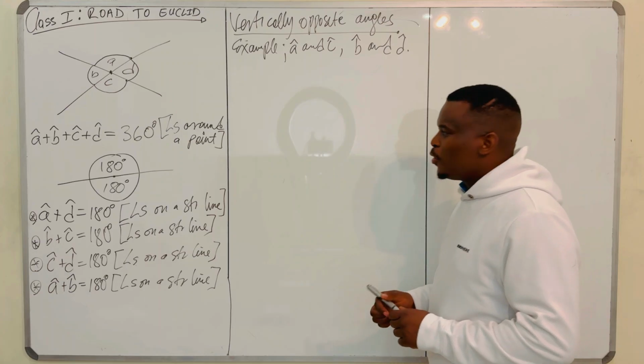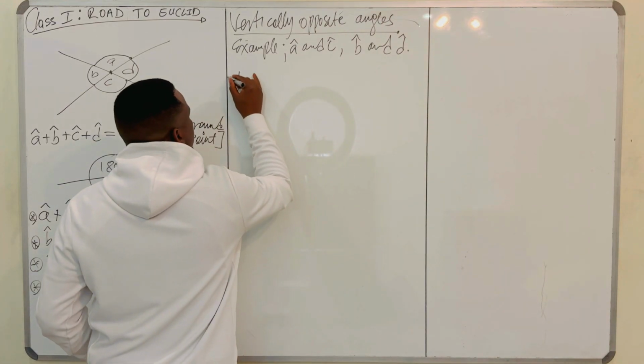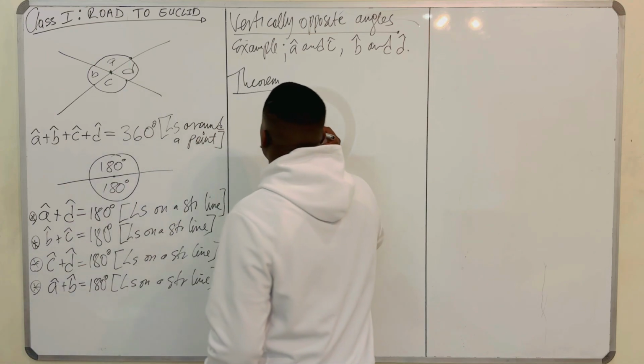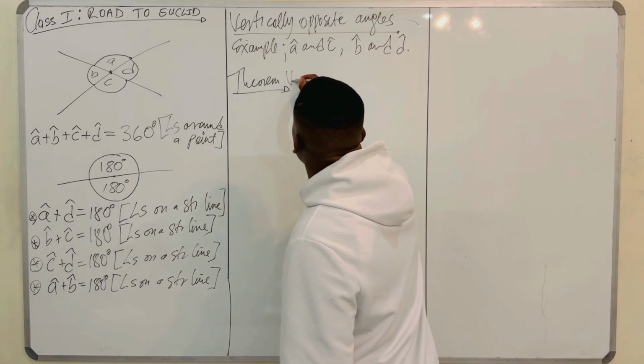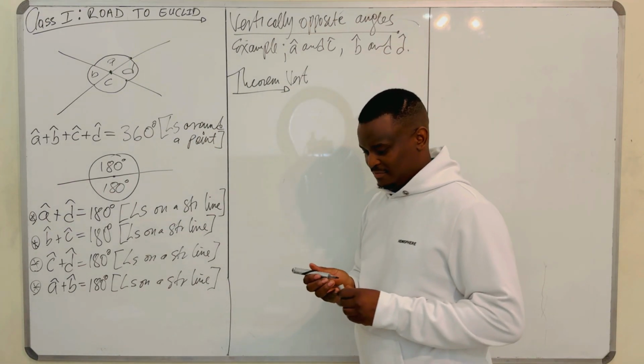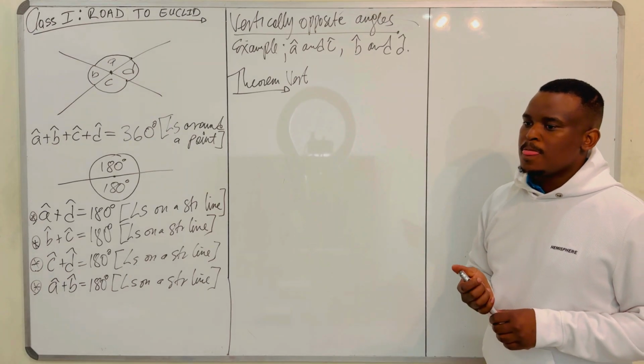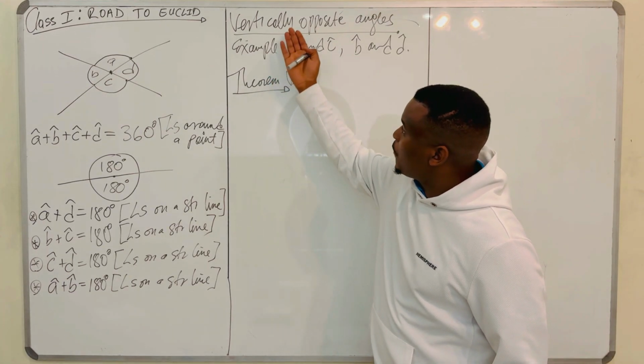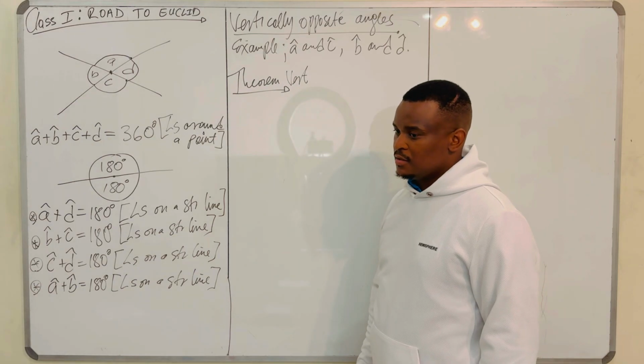So I'm going to go with a theorem. Let me say theorem VET. I'm calling it theorem VET because I'm going to talk about vertically opposite angles.